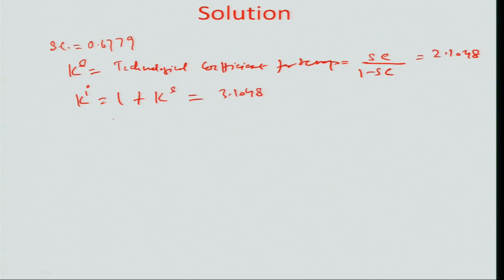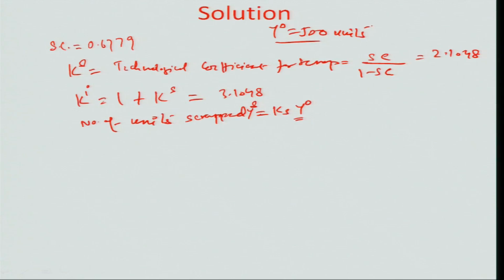So obviously the number of units which are scrapped come out as Ks times y0, where y0 is the output. We have already mentioned that the case is about 500 units of turning of shafts.